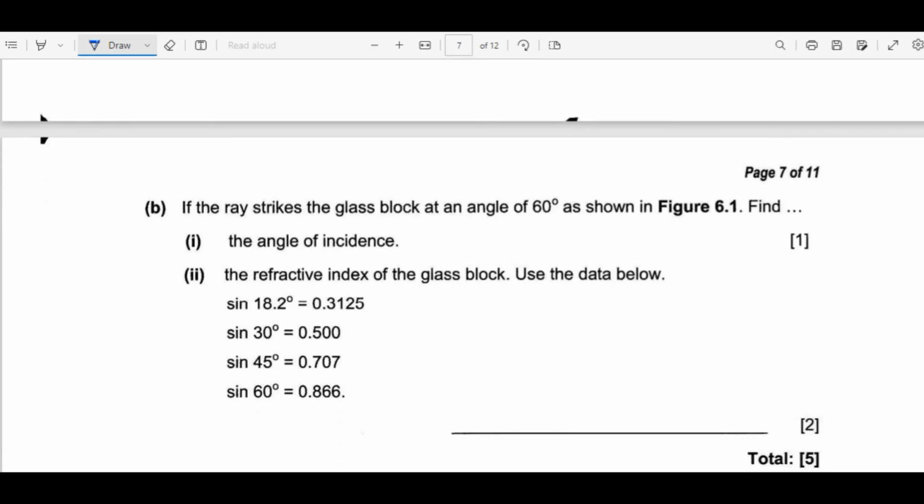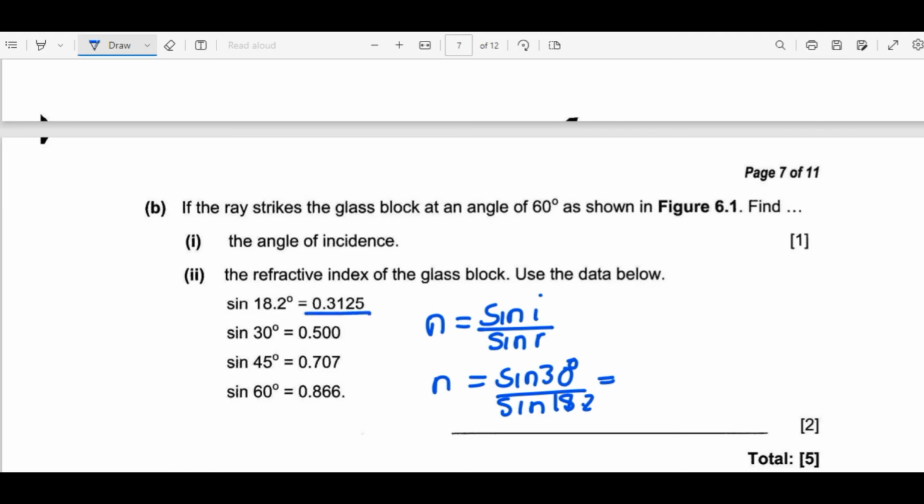Now the refractive index, the symbol n, is equal to sine i over sine r. So sine 30 divided by sine 18.2. You are even given these values in case calculators are not allowed.